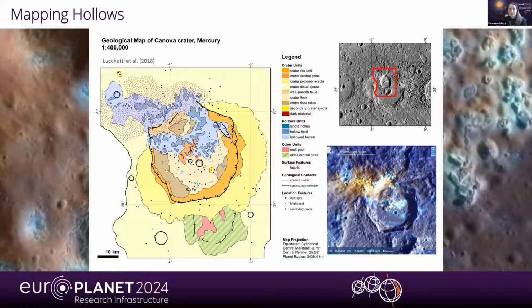This crater is pretty small, so in the geological mapping campaign it would appear just as a yellow unit without any other differentiation. But if the crater is interesting for answering some science questions, for example, how do hollows form, how do vents form, you may use geological mapping to get a high detail history of the area.